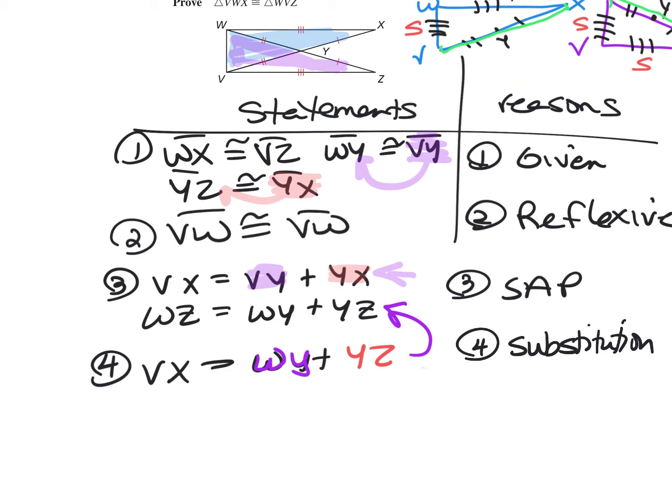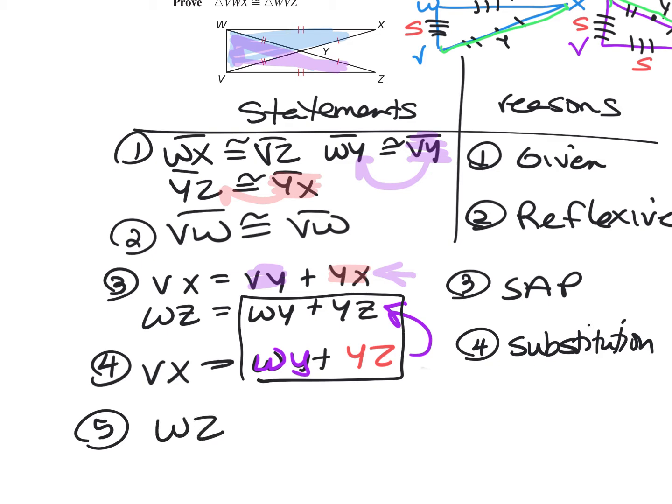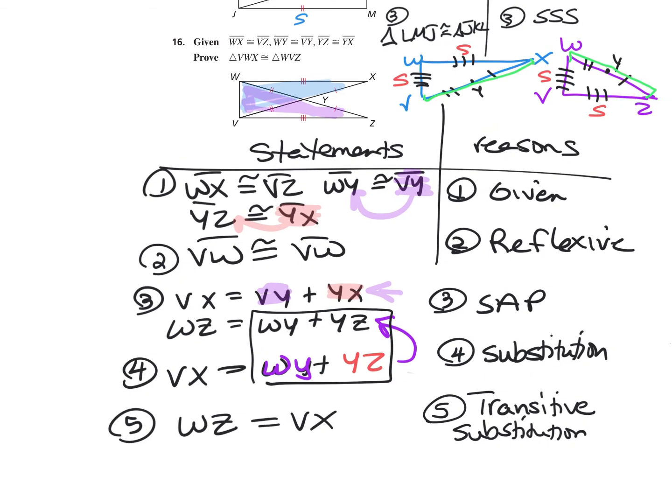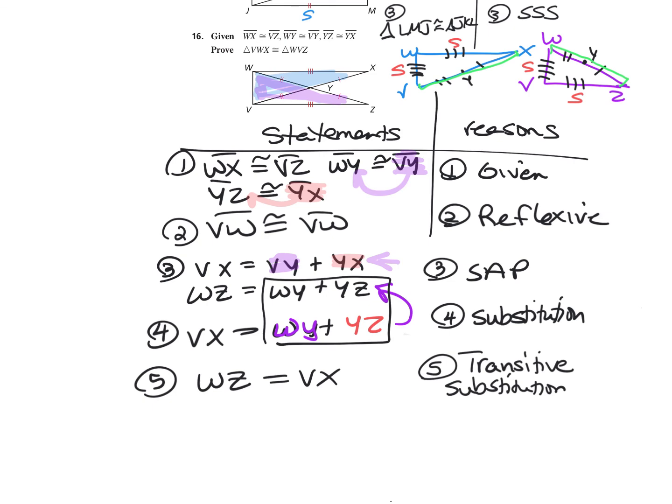Now my next statement, since these two things are the same, I can now state that WZ is equal to VX. And now this could either be transitive or substitution. And now that I have the two green ones as congruent, I now can say that the two triangles are congruent by side, side, side.